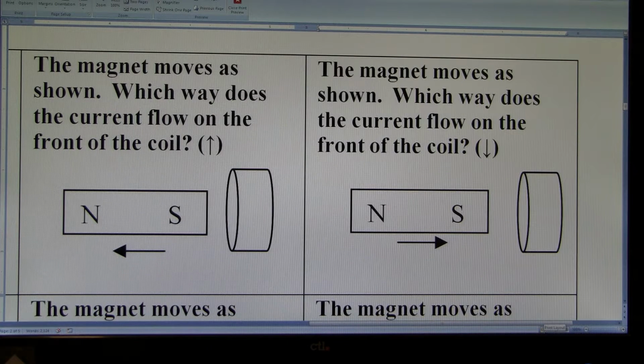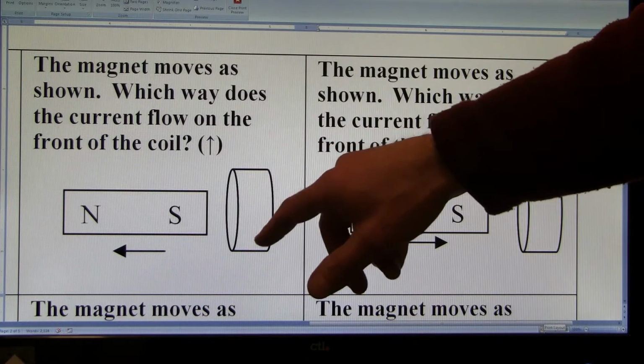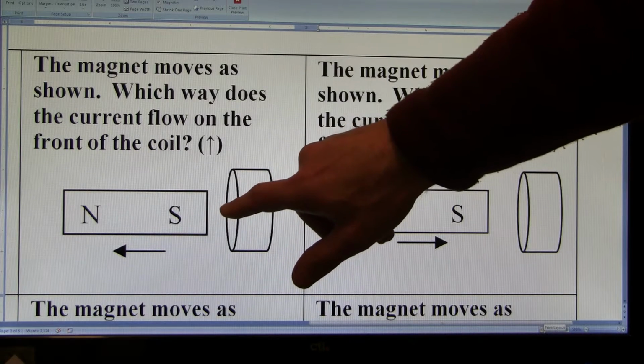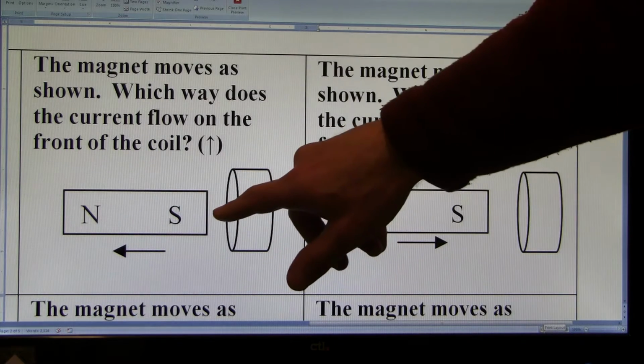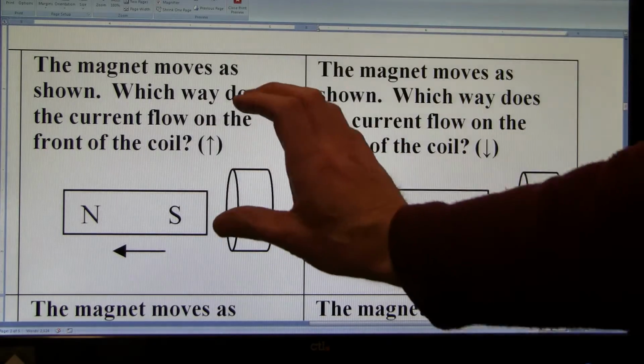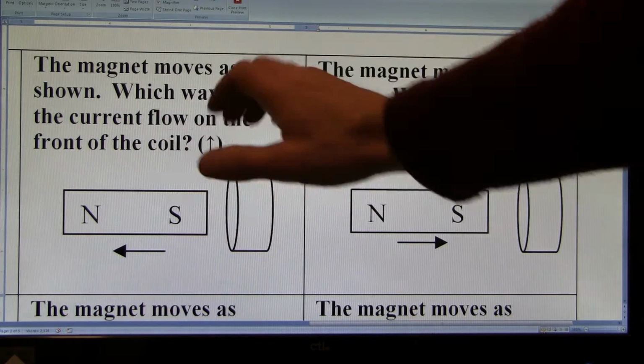Okay, we're opposing the motion of the magnet, okay? So here the magnet's moving away, and this is a coil of wire. And to make that magnet not move away, we would create a north pole on this side and a south pole on that side, but it's the north pole on this side that counts, right? So to create a north pole on this side, the current would go, as seen from the left side, anti-clockwise, right?